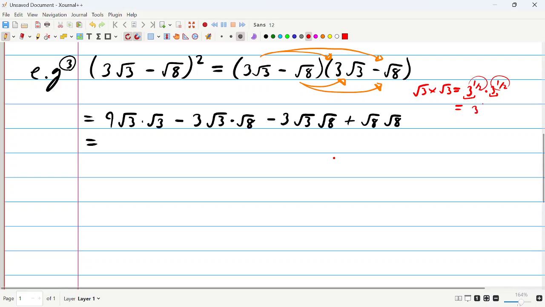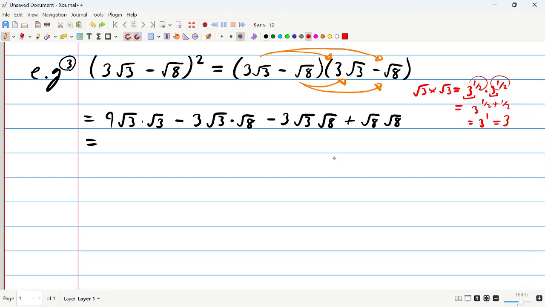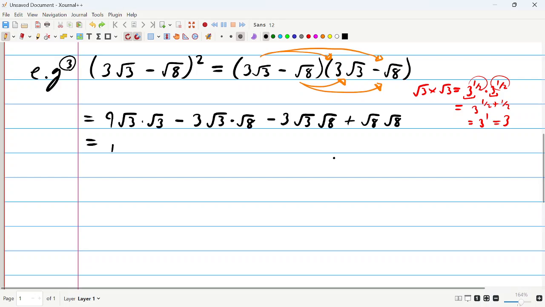Therefore, we have 3 raised to the power of a half plus a half, and a half plus a half is just equal to 1, which means this value is going to be 3. The property says that if we take the square root of a value and multiply it by the square root of the same value, the square root will fall away. Because of these exponent laws, what we are going to have is 9 multiplied by 3. So exponent laws help you every single time. When in doubt, use your exponent laws. It will save you in the exam or test.